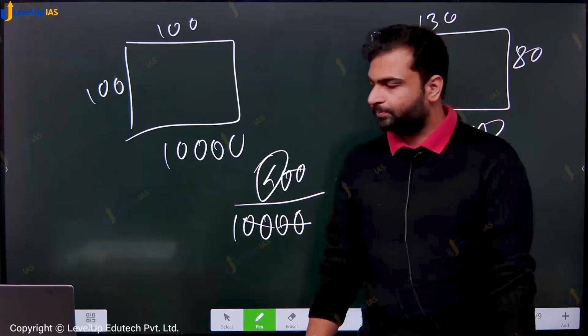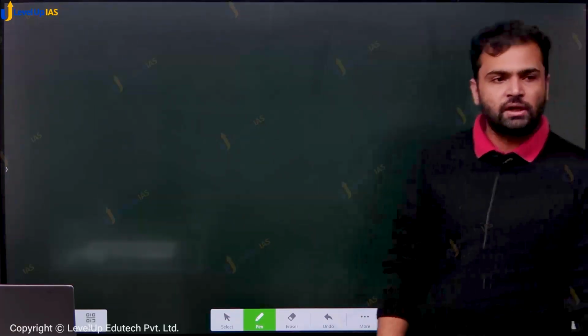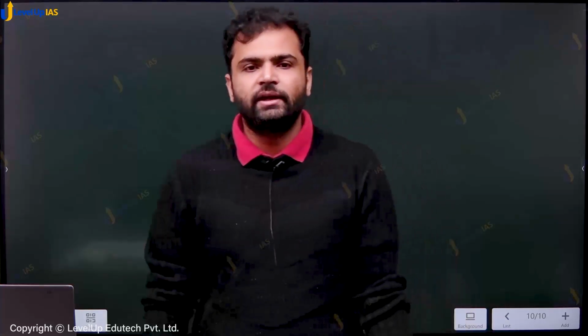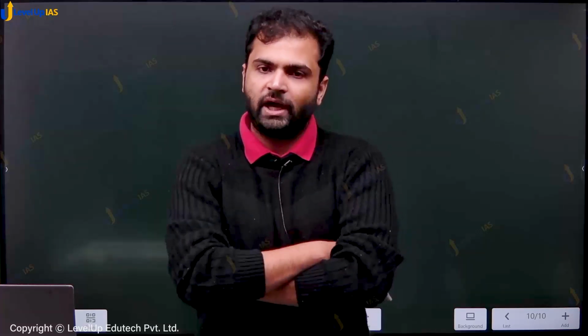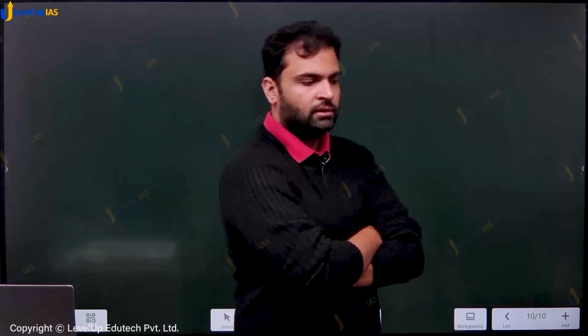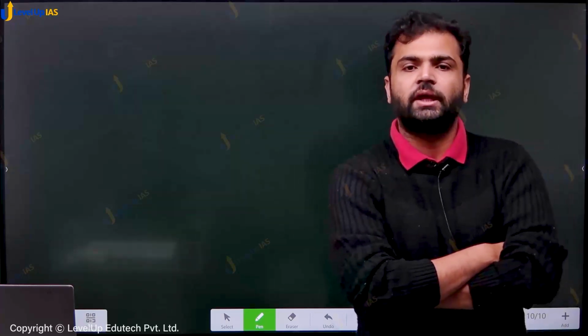Now if I add one more question: if I have a circle of radius 10 and I increase the radius by 10%, what would be the percentage change in area?